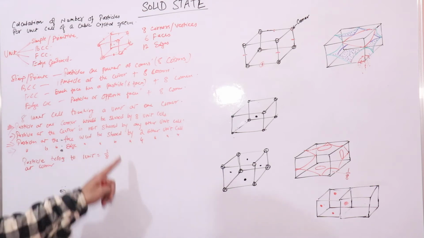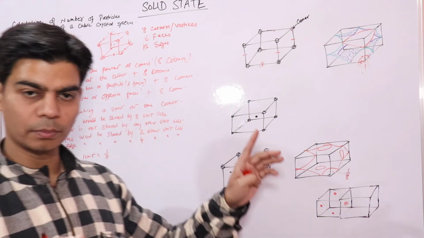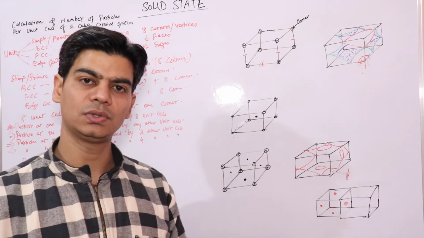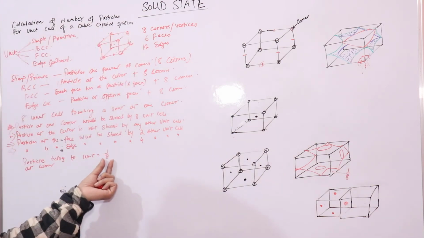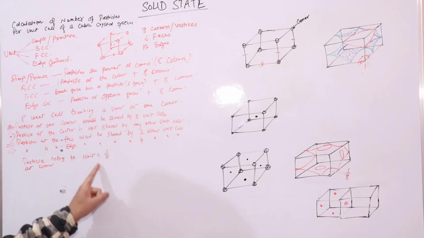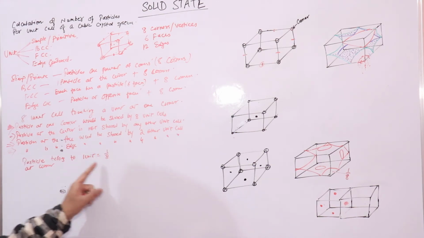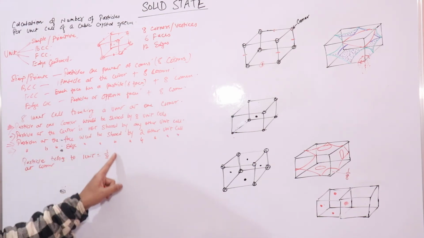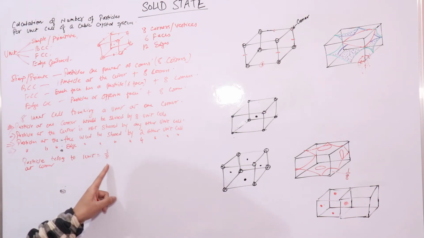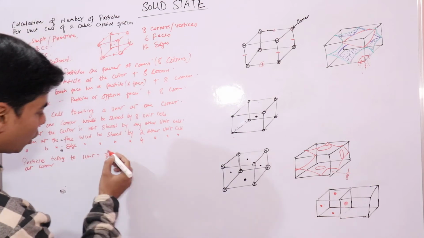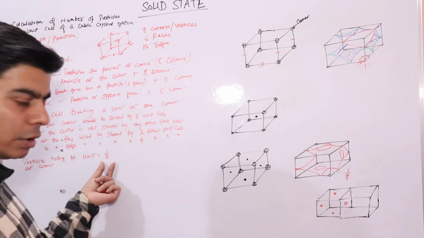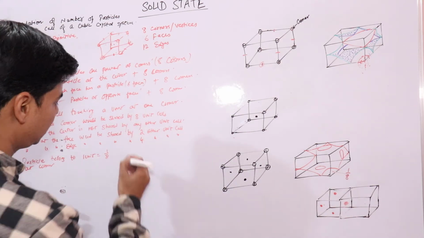So how many corners do we have? Since we are calculating the number of particles in one unit cell, this much of the particle or atom belongs to one unit cell at a corner. So how many corners do we have? We have 8 corners.